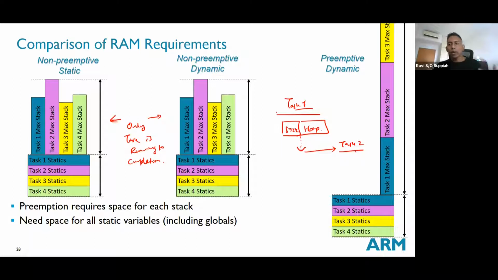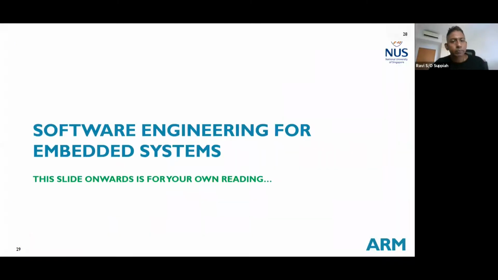So I need enough memory to cater to all the memory requirements of the different tasks in the system. This is handled nicely for us in the RTOS, because when you create a task, you also set aside a certain amount of stack space for that task. You will see that later on, probably when we start the OS part.